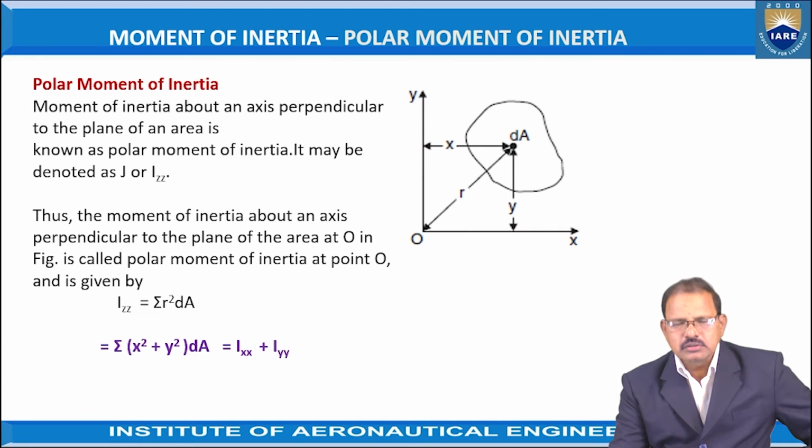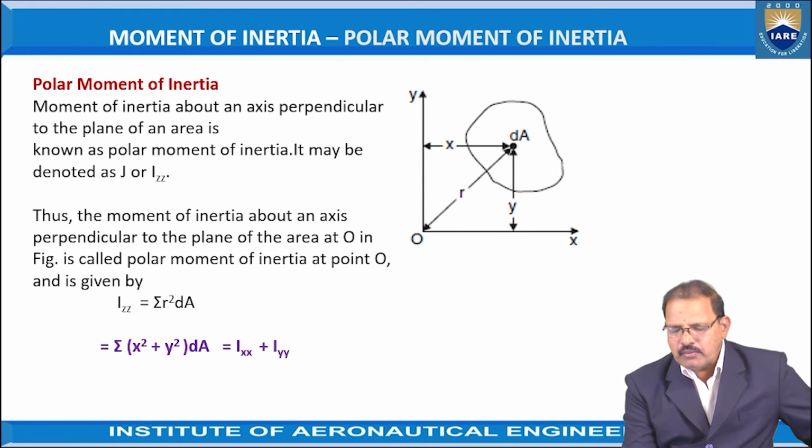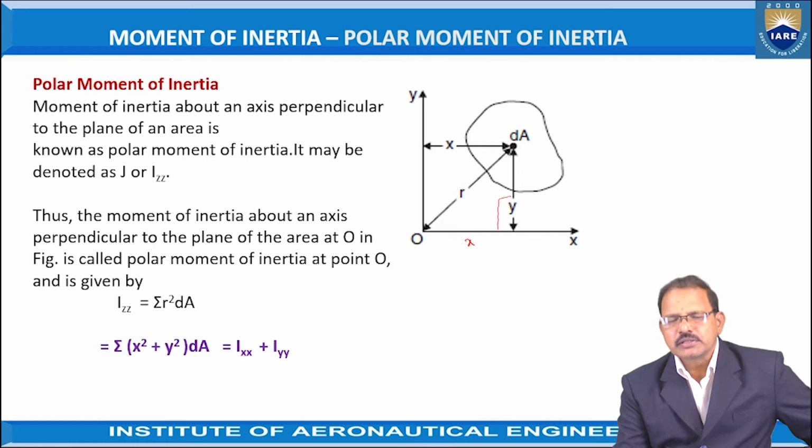Here R square is in the form of a right angle with coordinates x and y. So R square is equal to x square plus y square. It can be written as sigma of x square plus y square into dA.